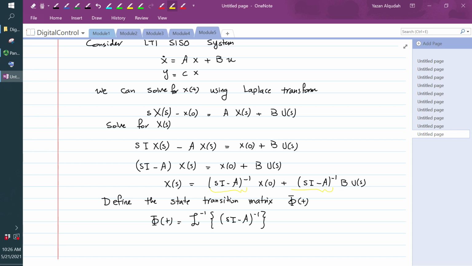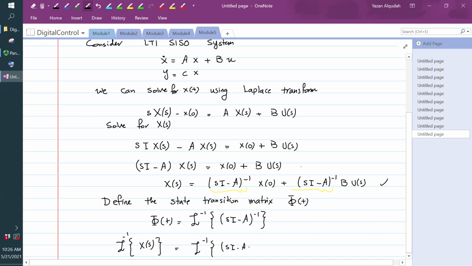Okay, so therefore I can go back to my equation and take the Laplace inverse of this equation here. So the Laplace inverse of X of s is equal to the Laplace inverse of (sI minus A) inverse multiplied by x of 0 plus the Laplace inverse of (sI minus A) inverse multiplied by B multiplied by U of s.